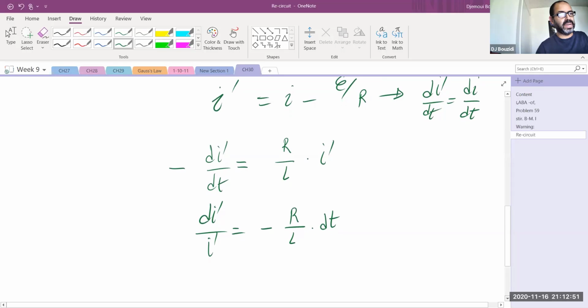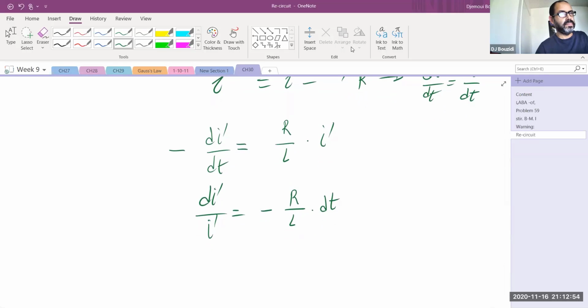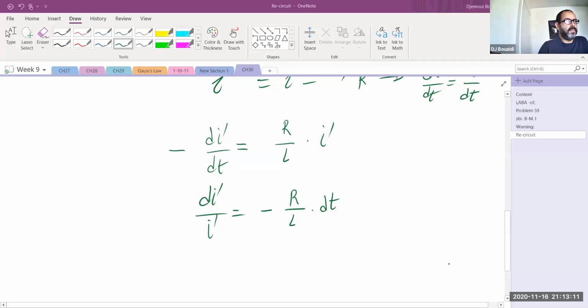What is the integral of the left-hand side, anybody? Can anybody help in here? The integral. That's what we're trying to find, integrate.